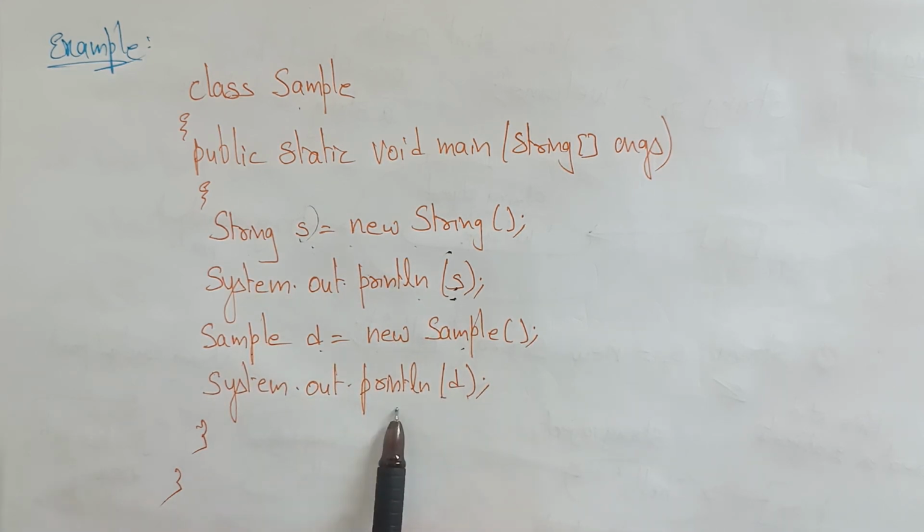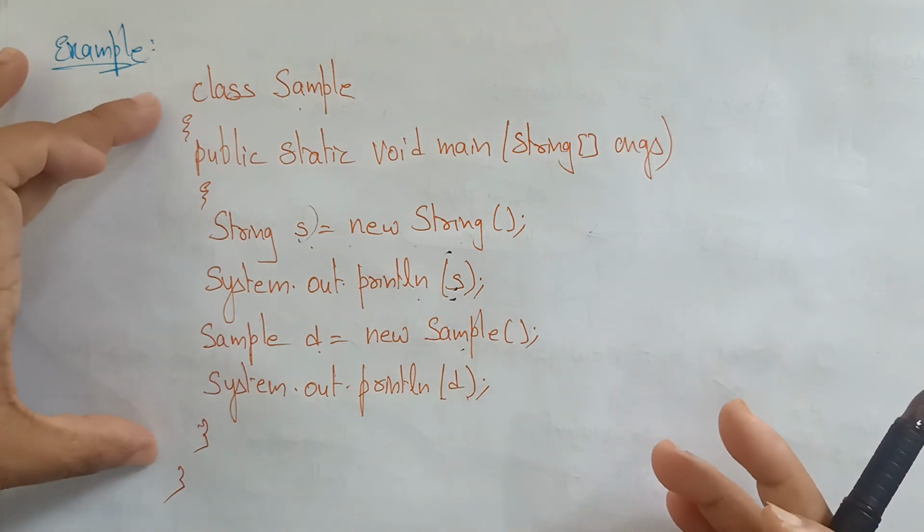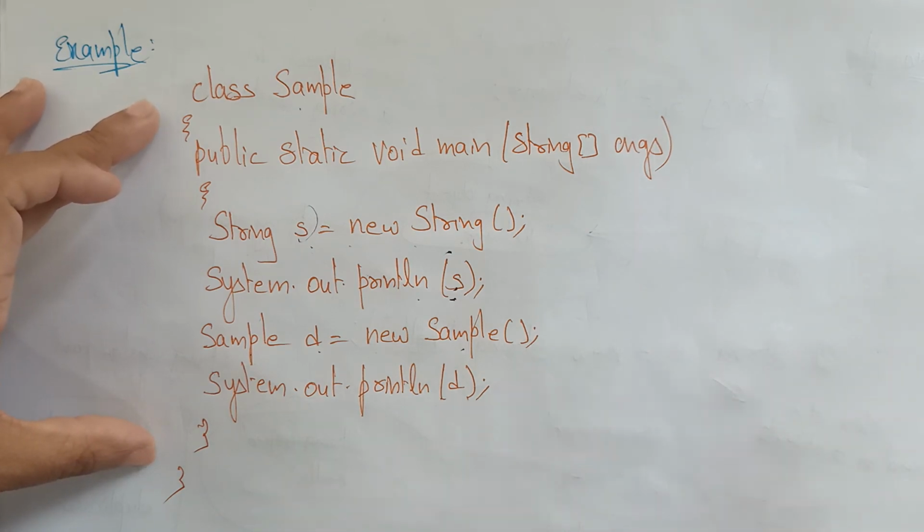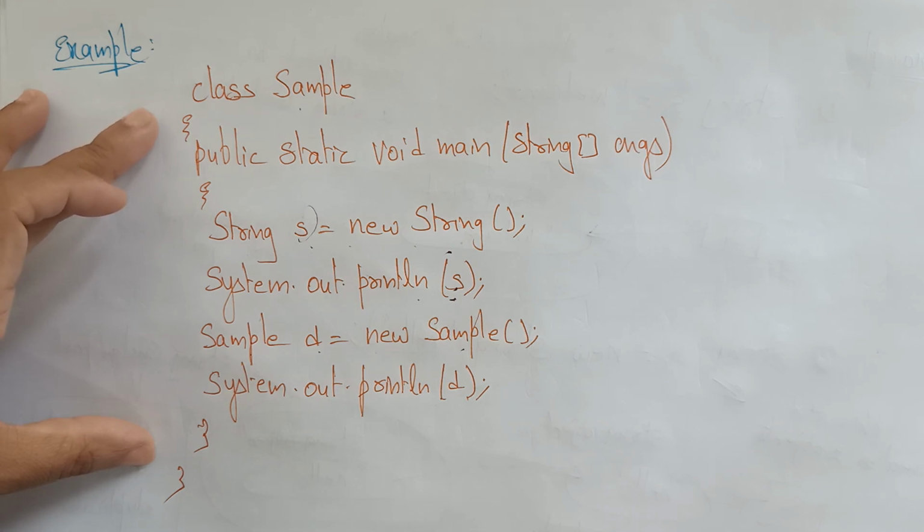What will be the output for this? Can you guess? Pause the video and try to execute this code in an IDE or Notepad. Check what the expected result is.